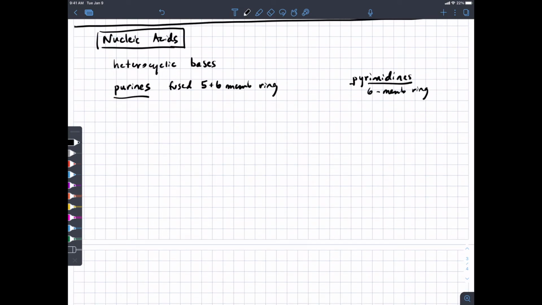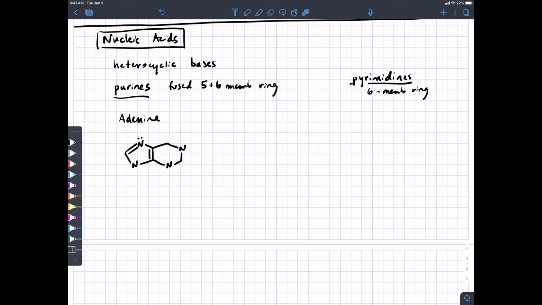So we'll start with adenine. And the core structure of the purine is the same in both adenine and guanine. And what I mean by that is where the nitrogens are and where the carbon sigma bonds are. So this is the basic sigma framework of a purine. In adenine and in guanine, we're going to have double bonds there. The lone pair here is not part of the pi system.